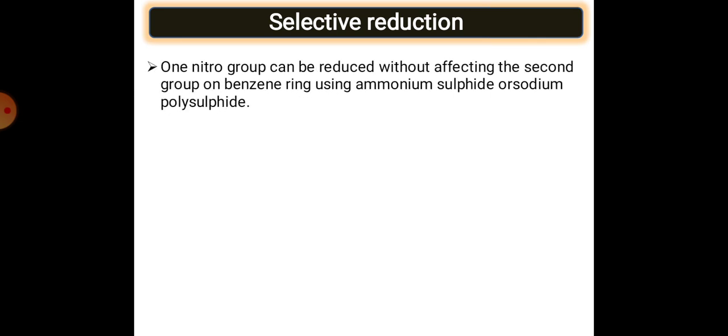Now what is selective reduction? If two nitro groups are present on the aromatic skeleton, and the question asks how you can prepare meta-dinitrobenzene, that is nitrobenzene with two nitro groups in a 1,3 relationship on the benzene ring.